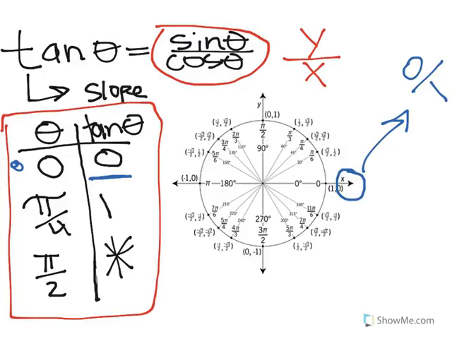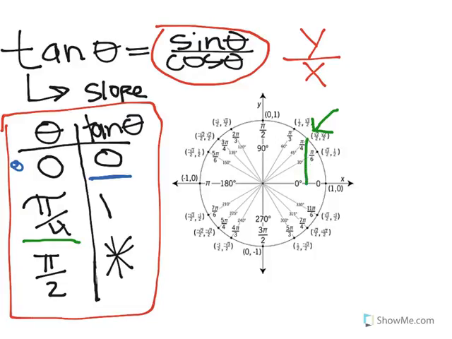So now we're just going to clean this up a little bit right here. Next value that we are going to look at is pi over 4 on the unit circle, and this is right there. I'm just going to draw a little triangle right here which shows the x and y coordinates of pi over 4 on the unit circle. Because this is the same thing as a 45-degree angle, the y coordinate is changing the same as the x coordinate.